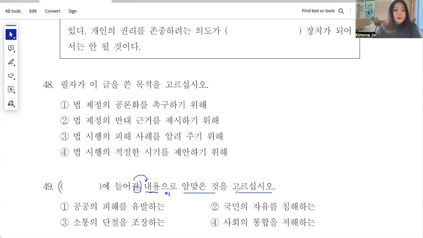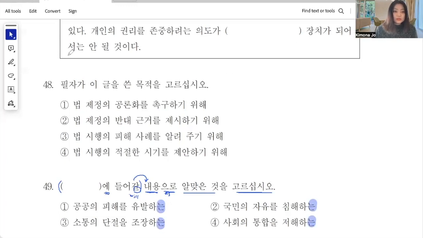So please choose the appropriate one as the content that will 들어가다, go into the blank. 자, everything ends with 는.